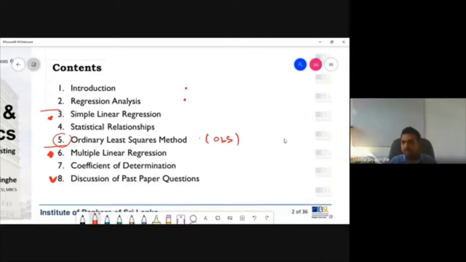Even if you look at the exam questions, the examiner is not keen to ask you to calculate a relationship by hand for a multiple linear regression, but he or she will be very keen to give you a relationship and ask for your interpretation.